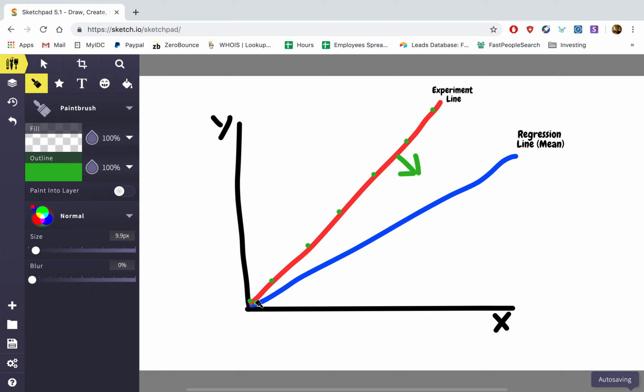We're going to get some sort of, not exactly the mean line, but it's going to be more toward the mean. It's going to regress towards the mean because it's not correlated very strongly or at all with the experiment line, and so we're going to expect it to naturally drift toward the mean.